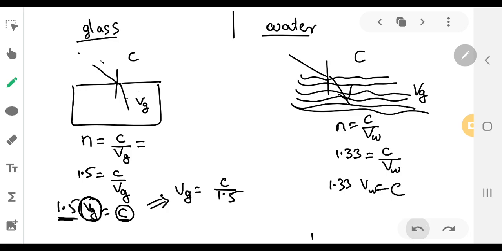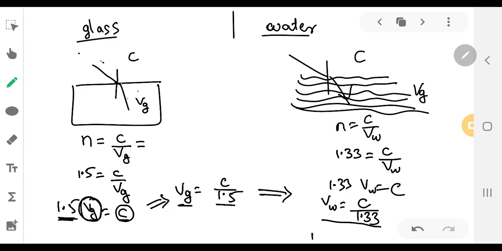When you write the same for velocity of light in water, Vw is c divided by 1.33. So Vg is c divided by 1.5, Vw is c divided by 1.33. When you compare both of these, where is the light decreasing more when the ray is entering from air medium to glass medium?